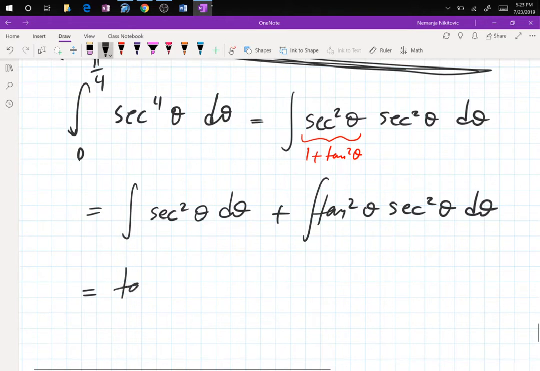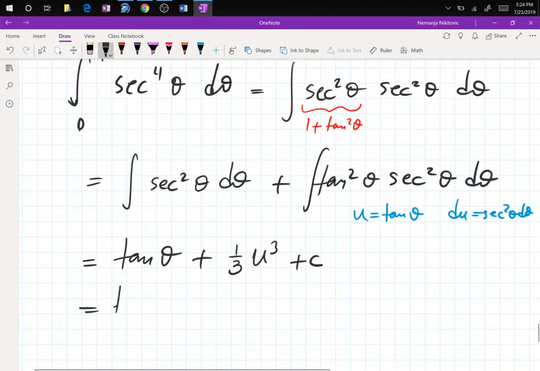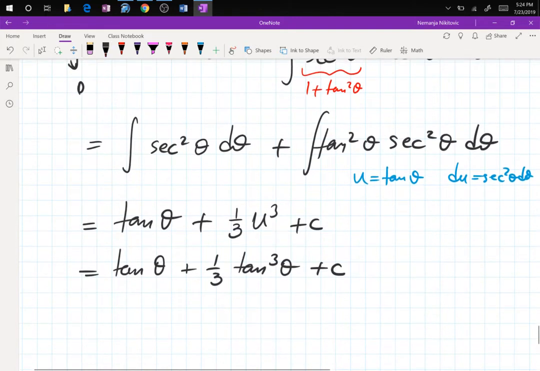Tangent. Plus, and now this puppy over here has its own u sub, right? u equals tangent theta, du equals secant squared theta d theta. So this part is going to be u squared, so 1/3 u cubed plus c, and we need to fill that in. So tangent theta plus 1/3 tangent cubed theta plus c.